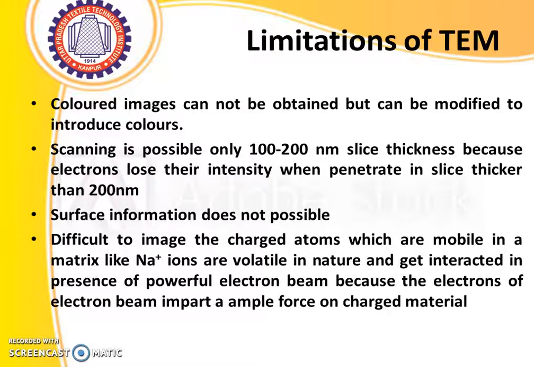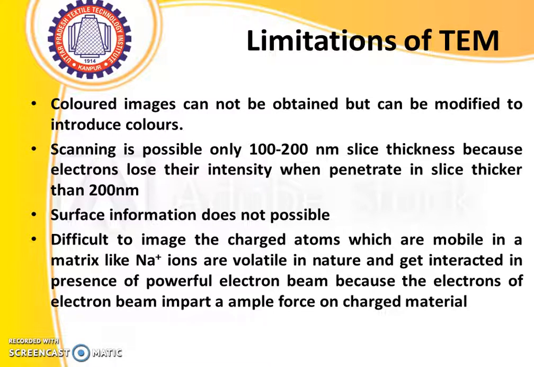Apart from all these merits, TEM has some limitations also. Colored images cannot be obtained, but can be modified to introduce colors by using some software. Scanning is possible only for 100 to 200 nanometer slice thickness, because electrons lose their intensity when penetrating slices thicker than 200 nanometers.